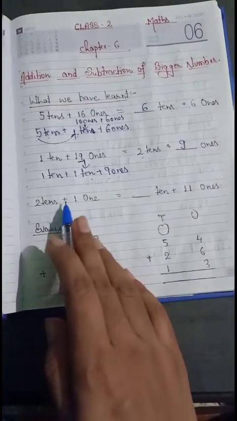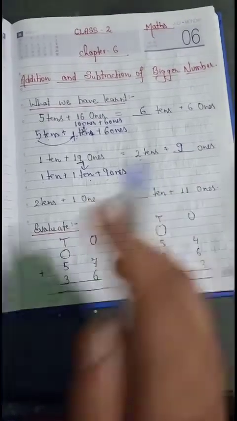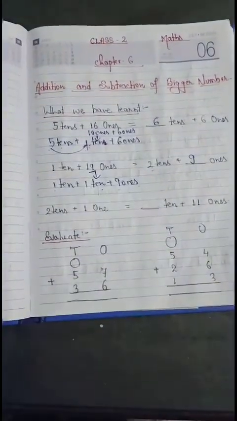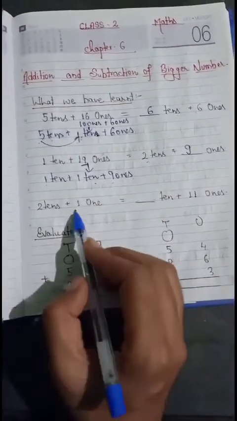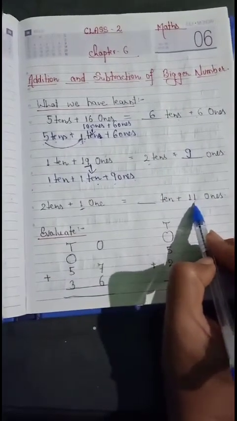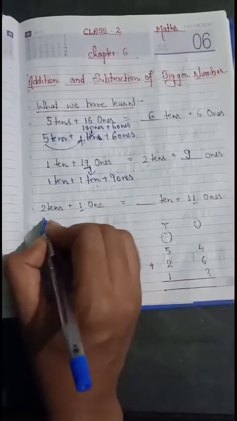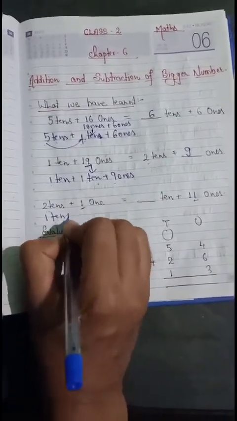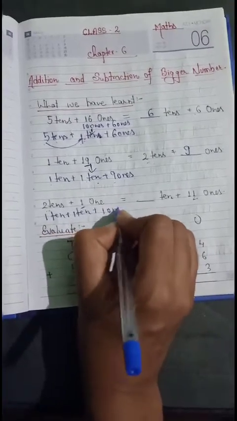Now 2 tens plus 1 one is equal to blank ten plus 11 ones. Now here you can regroup these 2 tens. Because here it is 1 one and here it is 11 ones, you can regroup this one. So it will be 1 ten plus 1 ten plus 1 one.